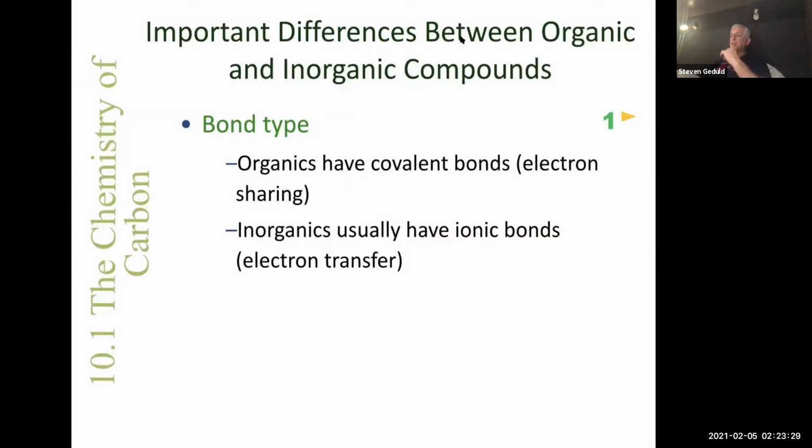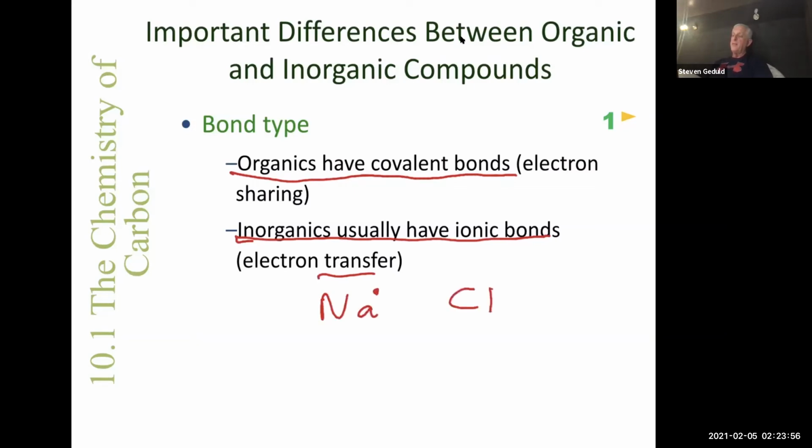There's a difference between organic and inorganic compounds. Organic compounds have covalent bonds. They share the electrons in the bonds. Inorganic compounds usually have what are called ionic bonds. They transfer electrons. Take a simple example, sodium chloride. Sodium has 1 valence electron.